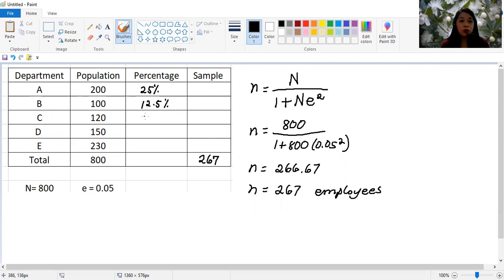And 120 out of 800 come from Department C, so that is 15%.